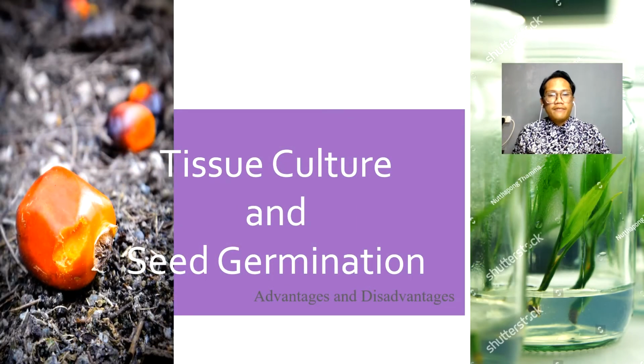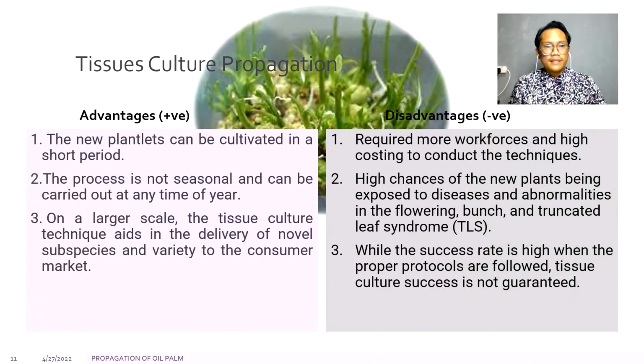As for the advantages and disadvantages of tissue culture propagation, the advantage is that new plantlets can be cultivated in a short period. The process is not seasonal and can be carried out at any time of year. On a large scale, the tissue culture technique aids in the delivery of novel subspecies and varieties to the consumer market.